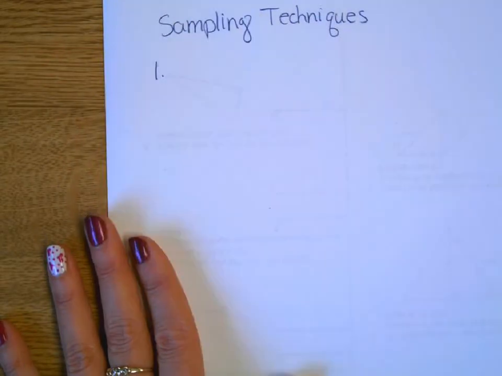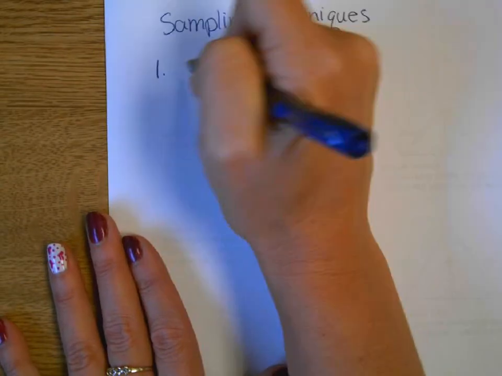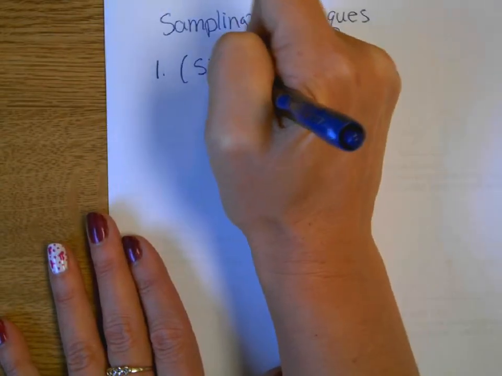First one is called random sampling or simple random sampling. Sometimes you see the word simple, sometimes you don't.